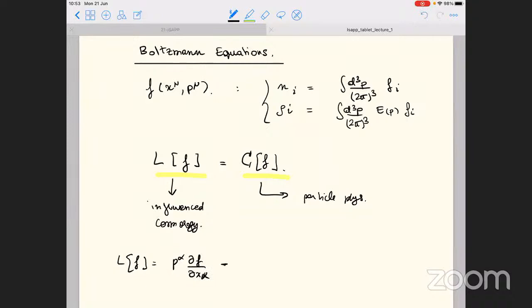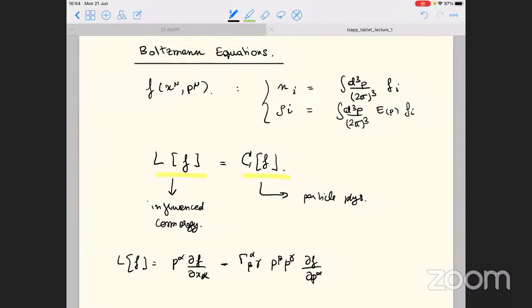So on very general grounds, you should write it as a function of the connection, the Christoffel symbols. You should write it like this. This would be the most general way of writing the Liouville operator.